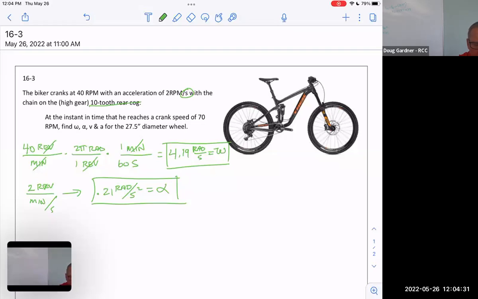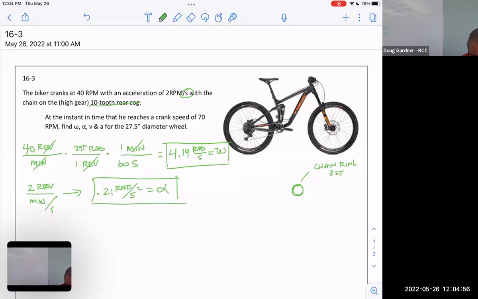Let's take a look at a picture of this. I'll just redraw my own picture. If I have this front crank up here, we said this thing was called the chain ring. And we said that was 32 teeth, if I remember right.